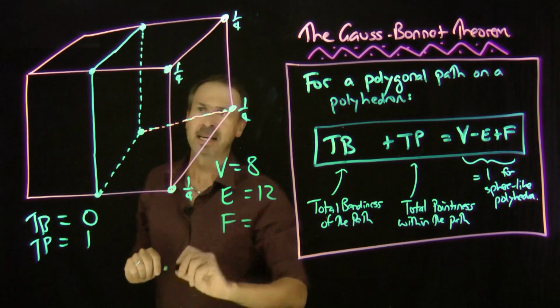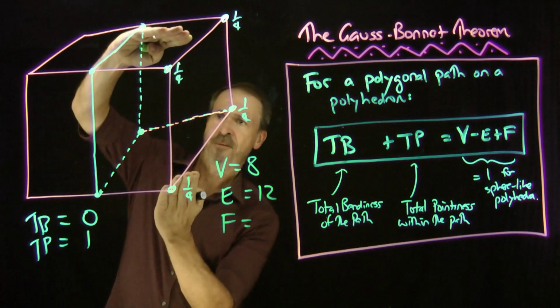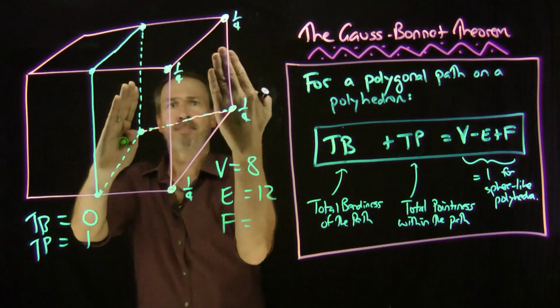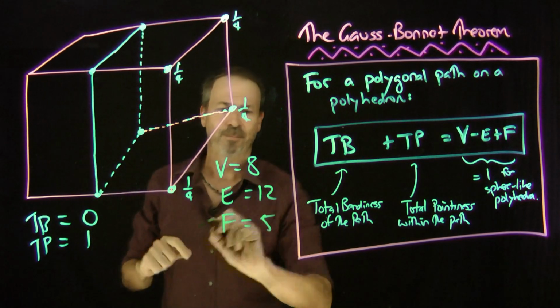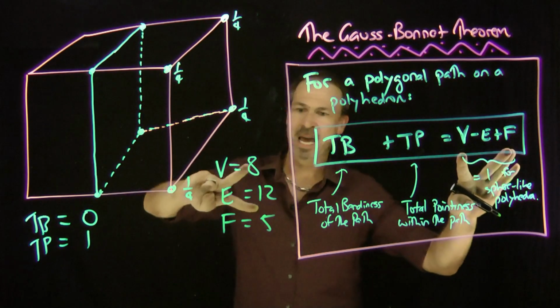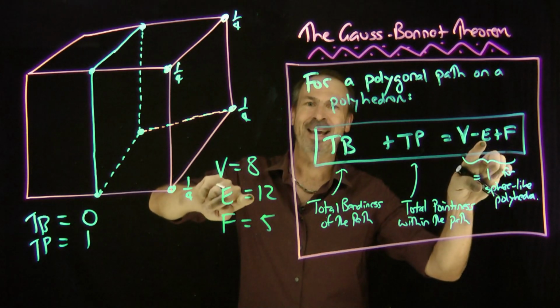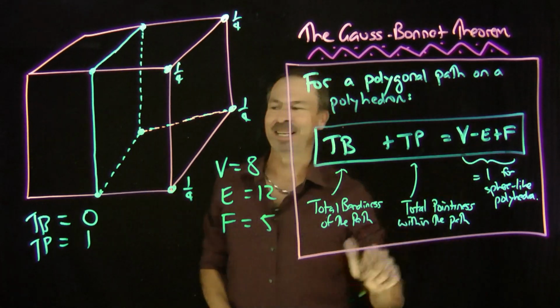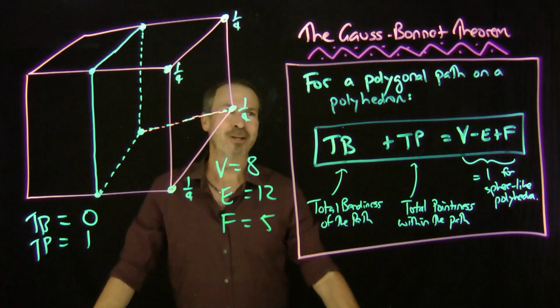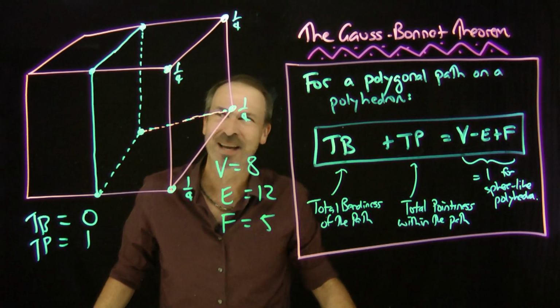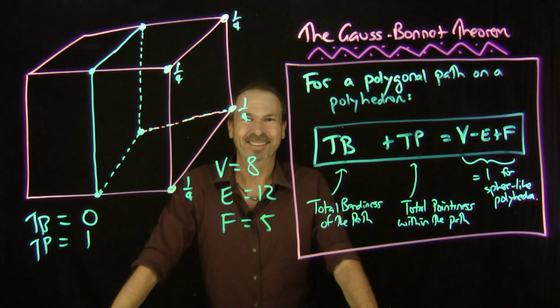And how many faces am I dealing with? Top face, bottom face, front face, side face, back face. That's 5. Bingo. V plus F is 13, take away E, 13 take away 12, yes, it's 1. There it is, the Gauss-Bonnet formula in action. Wow, I love it.